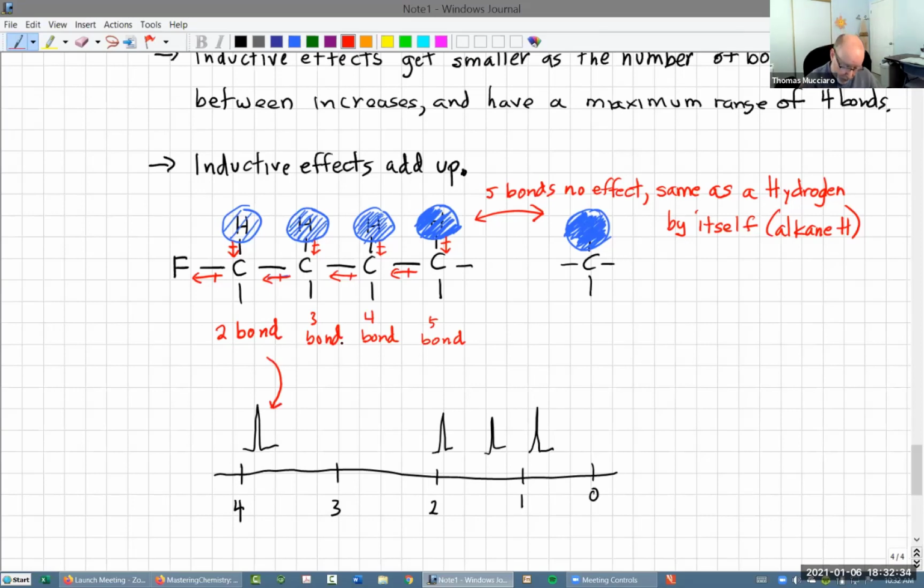The 3-bond one would be here, just a little bit below 2. The 4-bond one would be here, just 1.3, 1.4, and then the 5-bond one and the one by itself would be here, let's say at 0.9. So this would be like 3.8. This would be like 1.9, 1.3, 0.9.